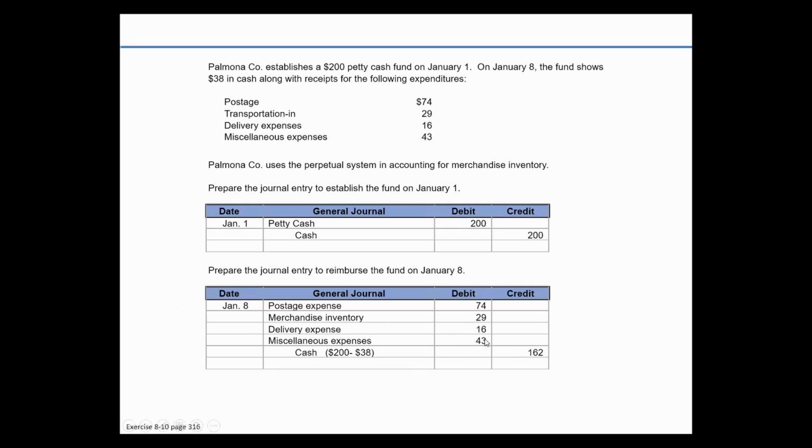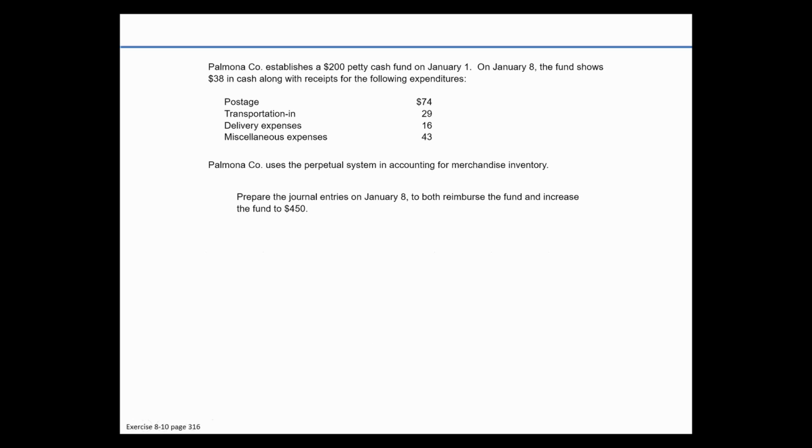You add all of these up, then the credit would be 162 in cash because we're going to write a check. We'll have it cashed, and then we'll put that cash along with what is left, and that'll be our petty cash fund. So that brings it back to 200.